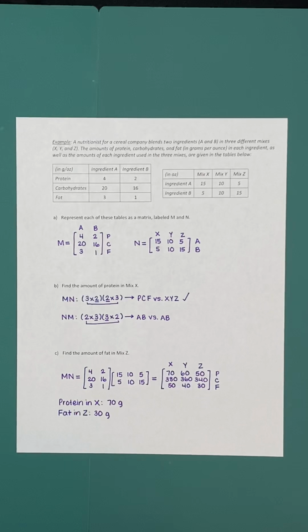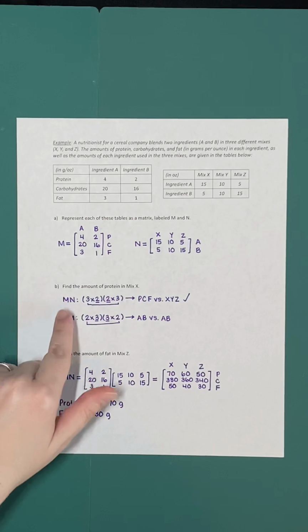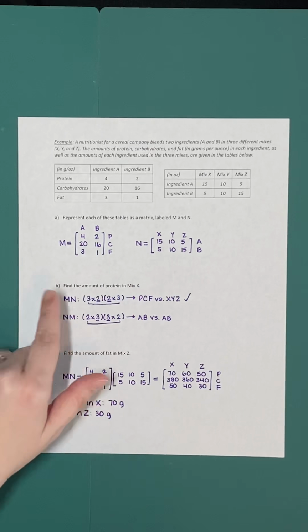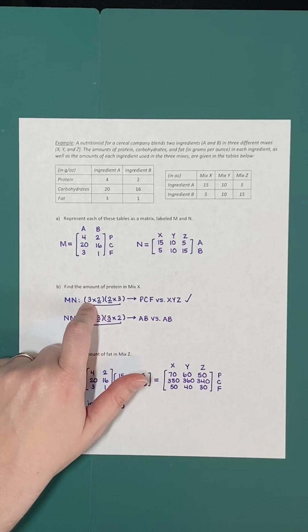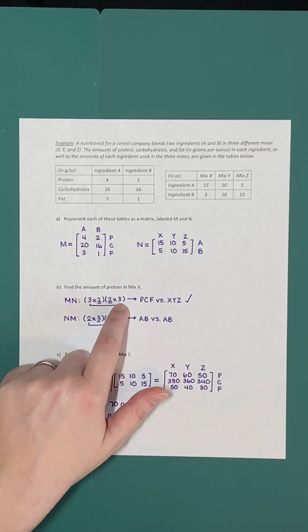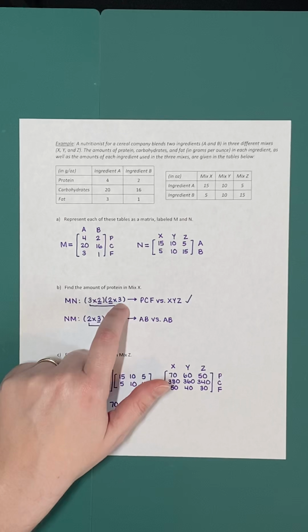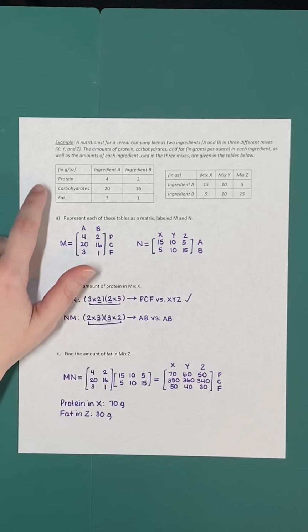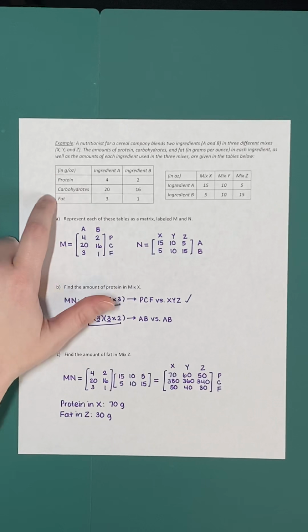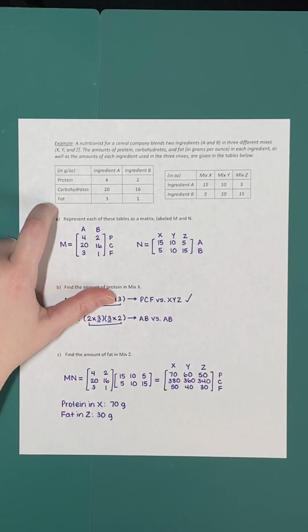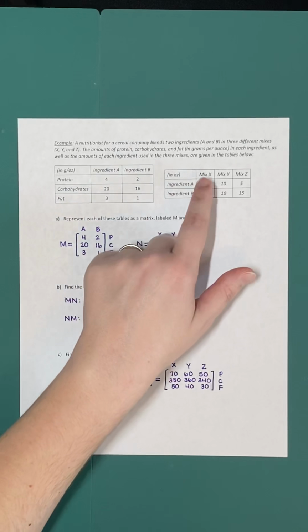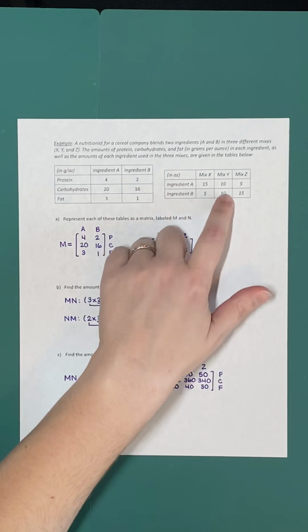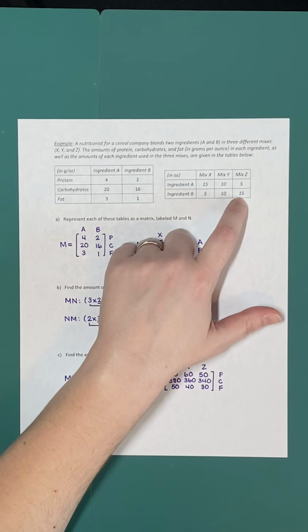So I have to think about, what do my rows, what do my columns represent? So say we do M times N. So the resulting matrix is going to have the rows in the first matrix and the columns in the second matrix. So my rows in my first matrix represent my nutrient types, so protein, carbs, and fat. And then my columns in my second matrix represent mix X, mix Y, mix Z, my different types of cereals.